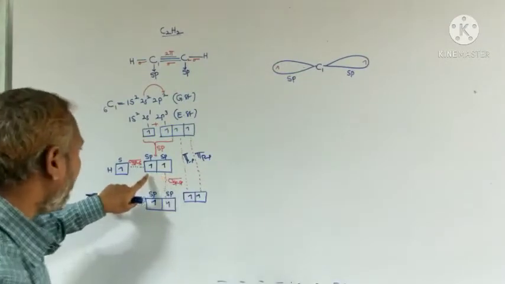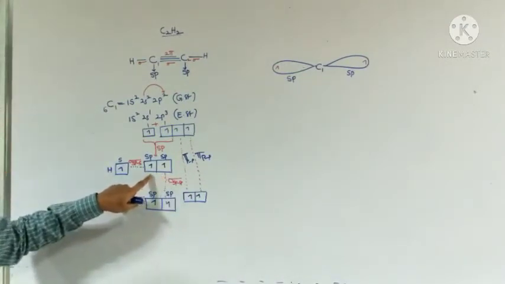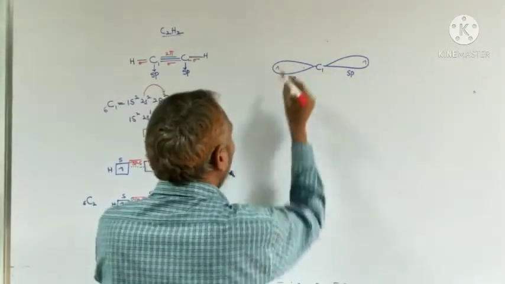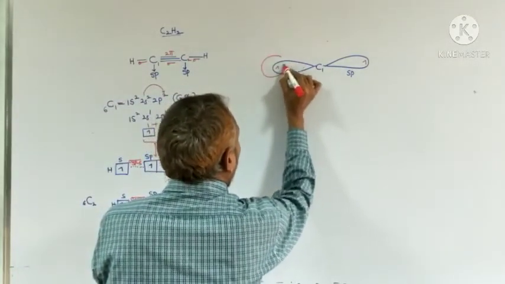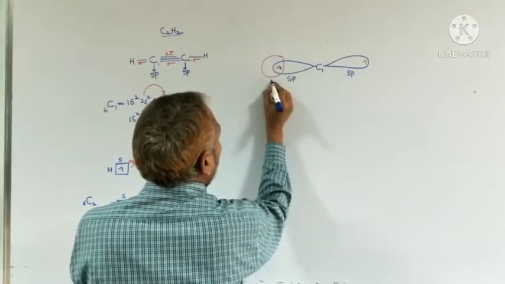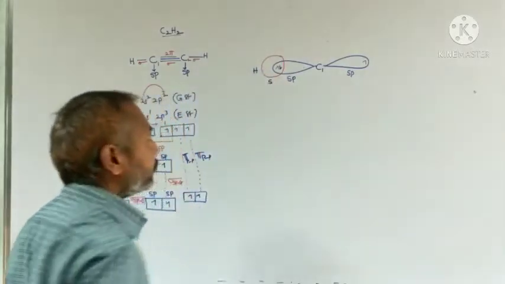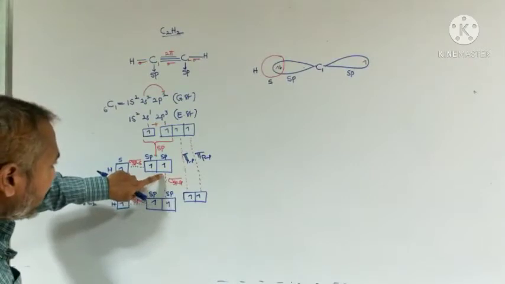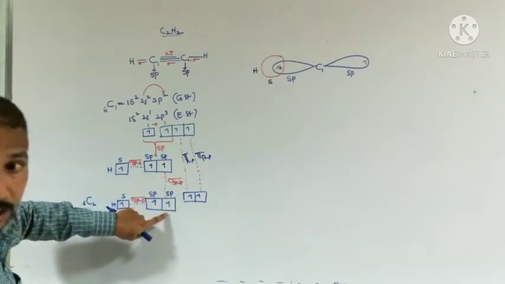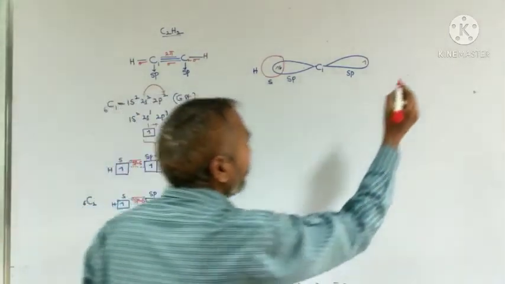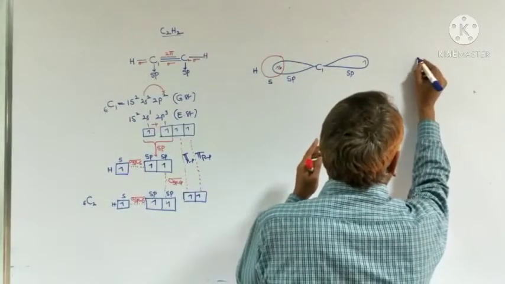One sp hybrid orbital overlaps with one s orbital of hydrogen, so this is the overlap with the hydrogen atom. This is the s orbital of the hydrogen atom. Is it clear? Next, one sp orbital overlaps with one sp orbital of another carbon, the C2 carbon.